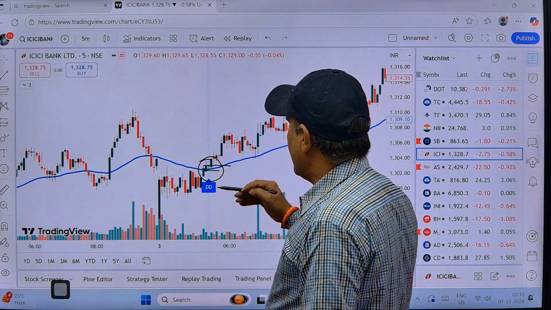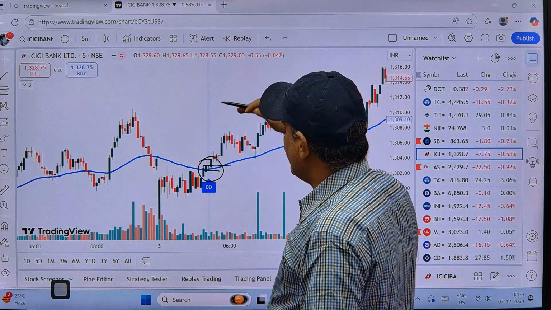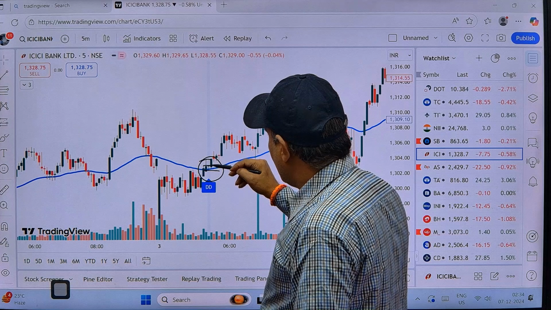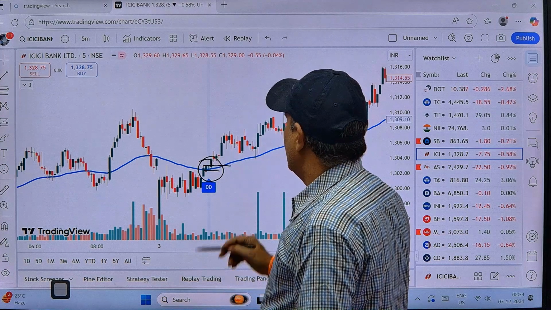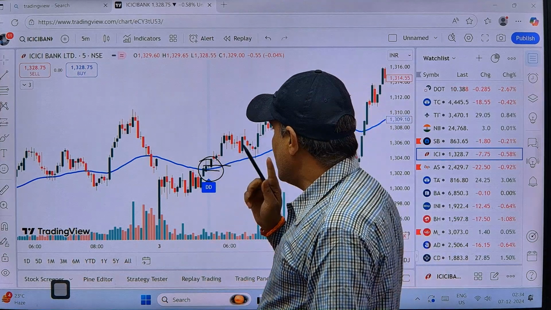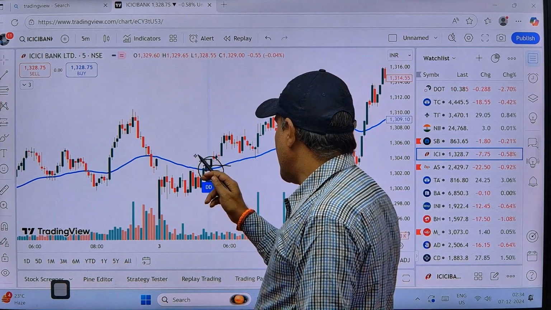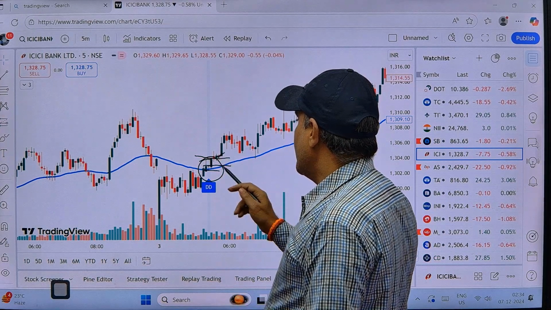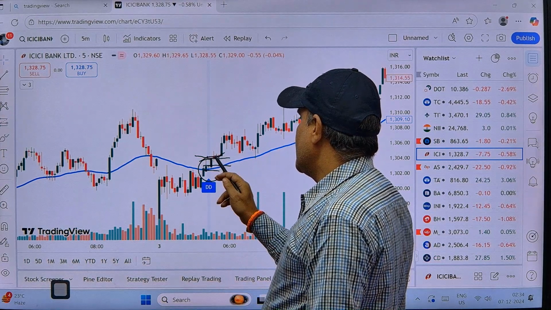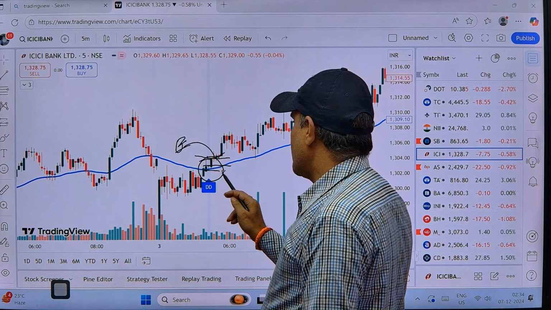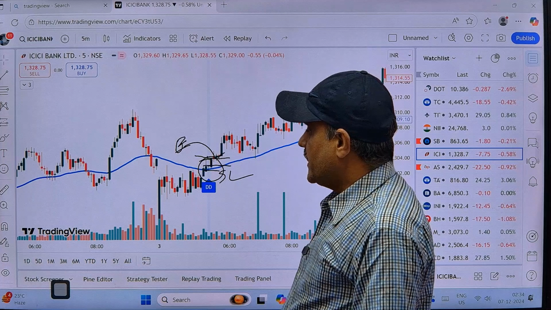If any candle is already above the 50 EMA, then we are going to think about buying, but we are not going to buy yet. We are going to buy only when another follow-up candle, another green candle, forms above this candle. That means this candle will be our trigger. This is the entry point. This is the stop loss. Below the Doji should be the stop loss.